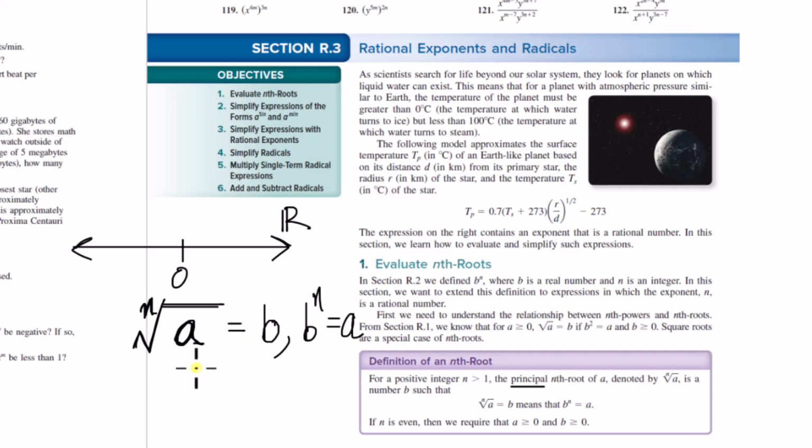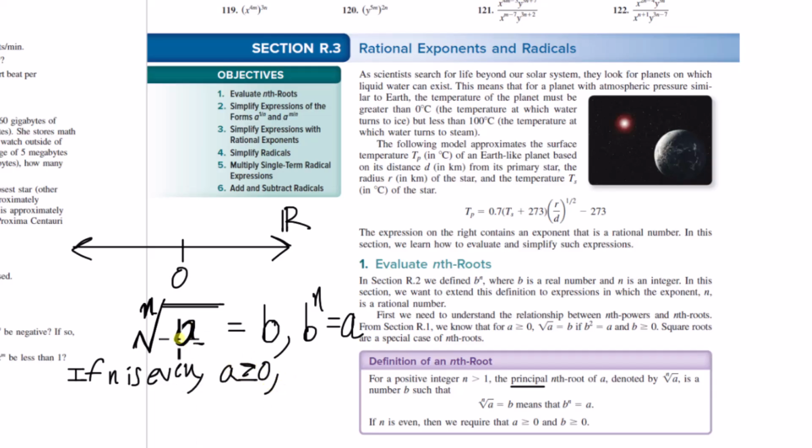If n is even, and we've already said n is an integer greater than 1, there are two specifications we have to put here. There are two issues. First of all, a is going to have to be greater than or equal to 0 if n is even.